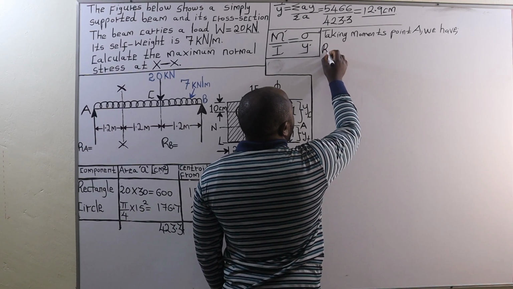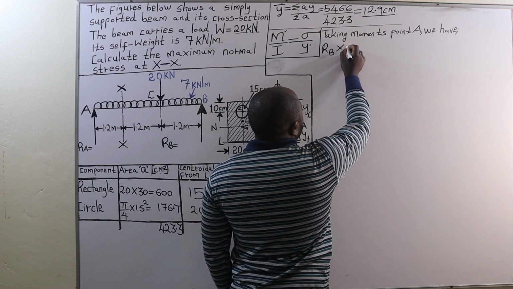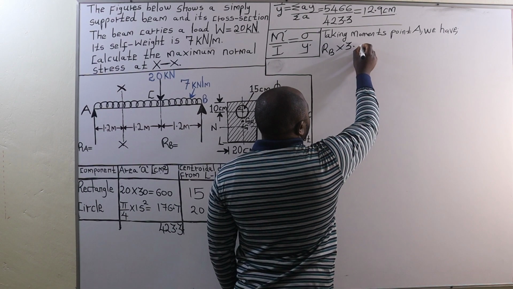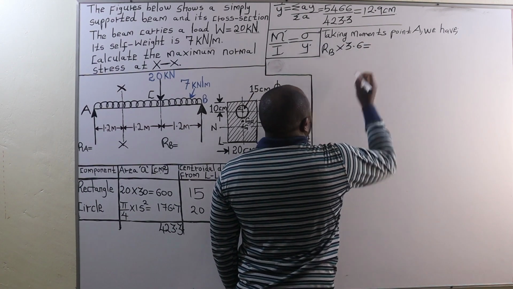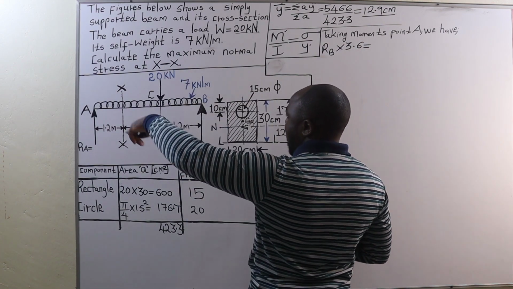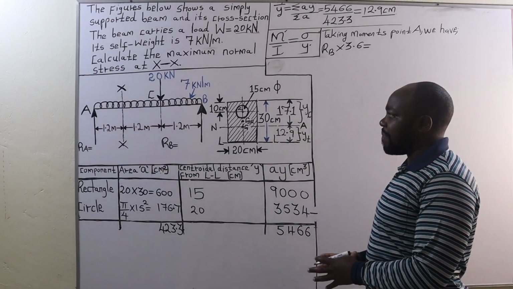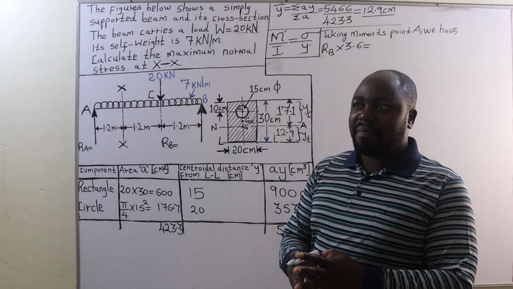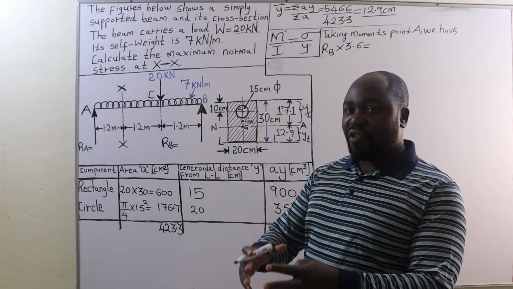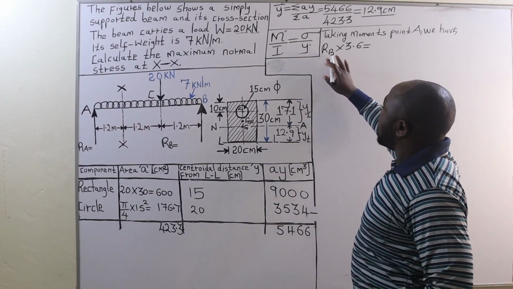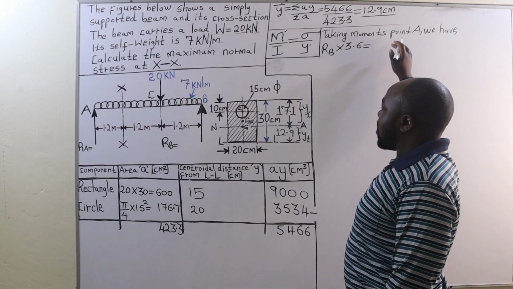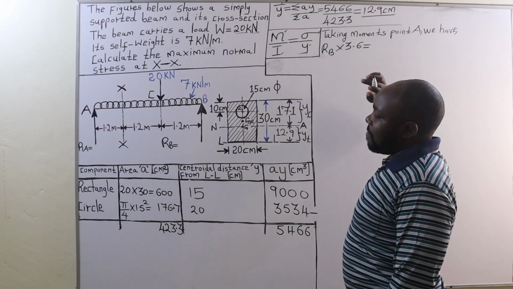Therefore, we have RB times 3.6. So that is anti-clockwise moment is equal to the following clockwise moments. Remember, the sum of clockwise moments must be equal to the sum of anti-clockwise moments, and that's why we are equating the anti-clockwise moments to the clockwise moments. The clockwise moments are as follows.